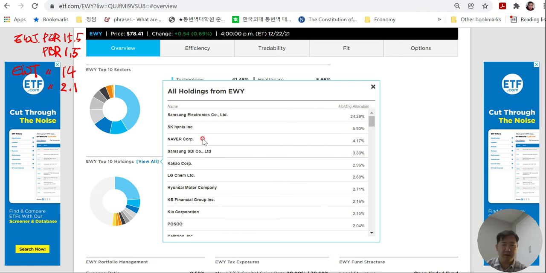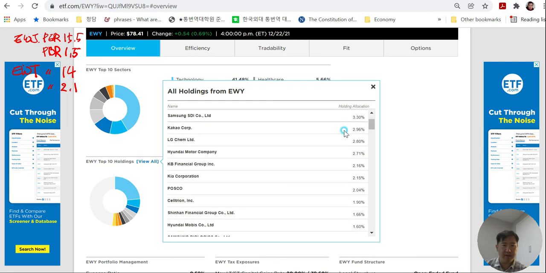Also, they're doing pretty well in Southeast Asia, right? Samsung SDI is their battery maker, right? Kakao Corp is also Korea's most beloved and dominant player in SNS messenger. It's sort of a Korean Tencent, okay?